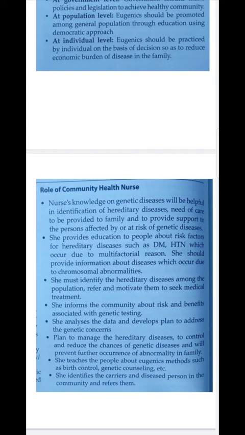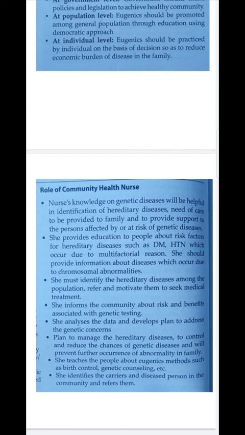Next, she should inform the community about genetic testing, and she analyzes the data and develops a plan to address the genetic concerns. She will analyze the data: how many patients, whether they are treated, whether it cannot be treated, like that. She will update the data and develop a plan to address the genetic concerns, and a plan to manage the hereditary disease to control and reduce the chances of genetic disease and prevent further occurrence of abnormality in the family.